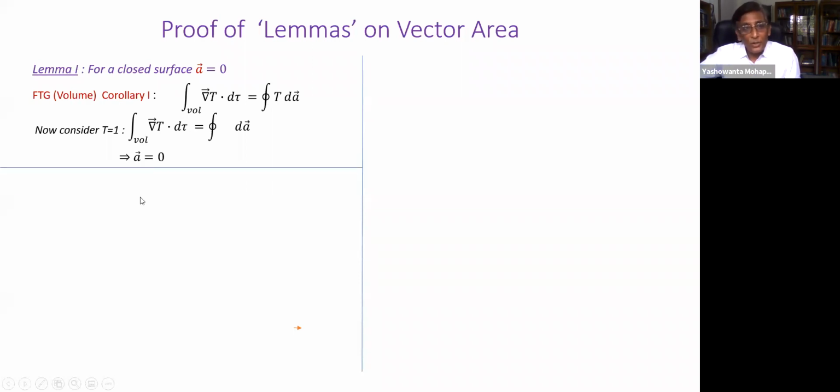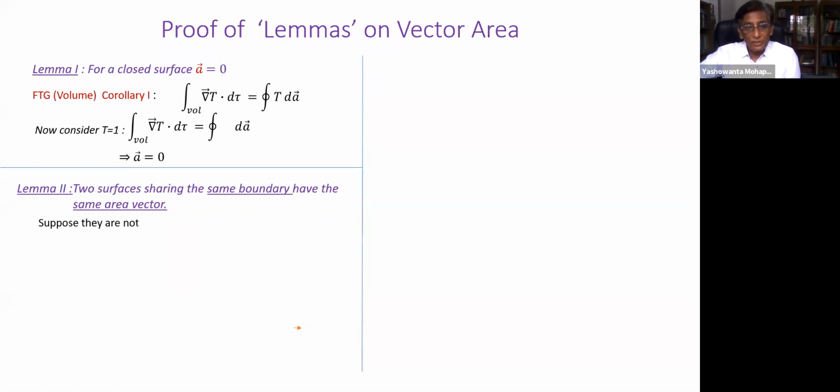All right. Now let's go to lemma 2. Two surfaces sharing the same boundary have the same area vector. Suppose they are not the same. Suppose there are two surfaces with the same boundary, but the area vector is not the same. Then I can always close the surface by mounting an A3.